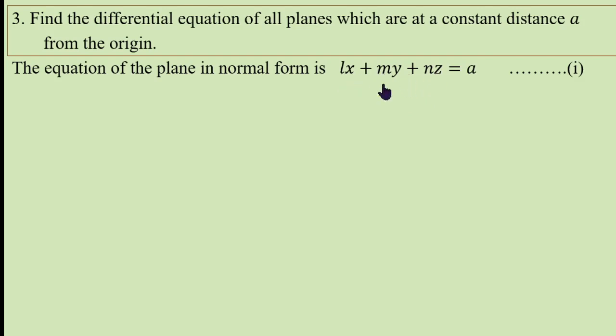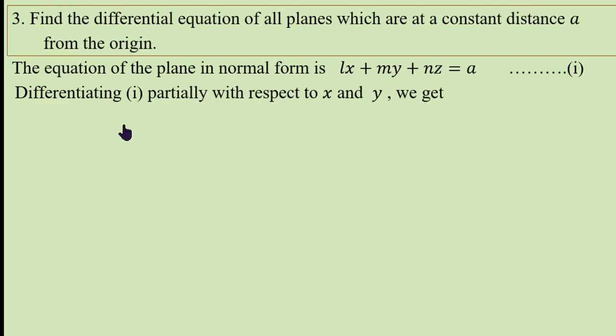And l, m, n look like 3 independent variables, but only 2, because l square plus m square plus n square is 1. If you take l and m as independent variables, you can write n in terms of l and m, therefore only 2 independent variables or arbitrary constants.